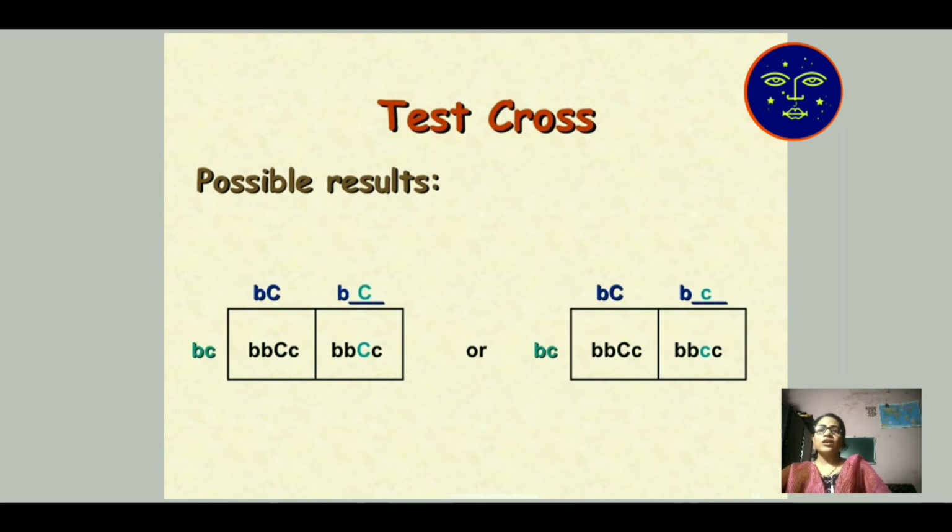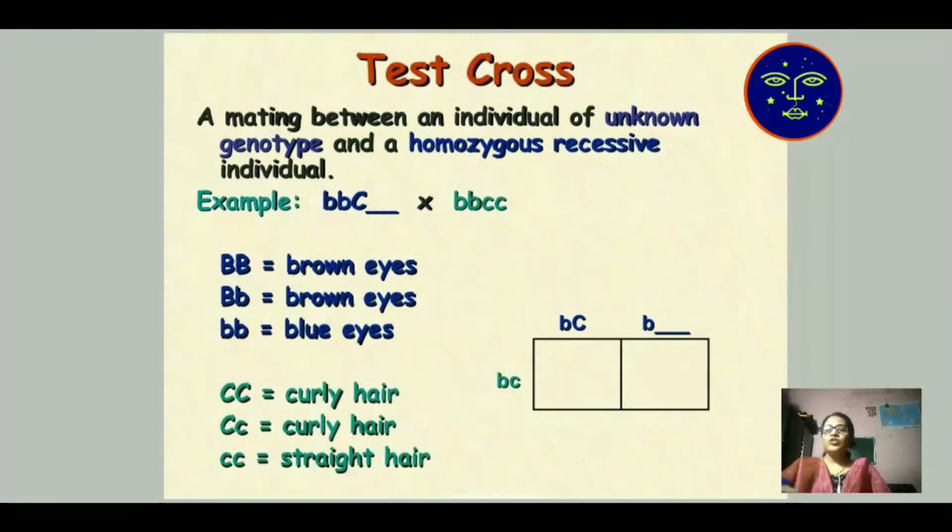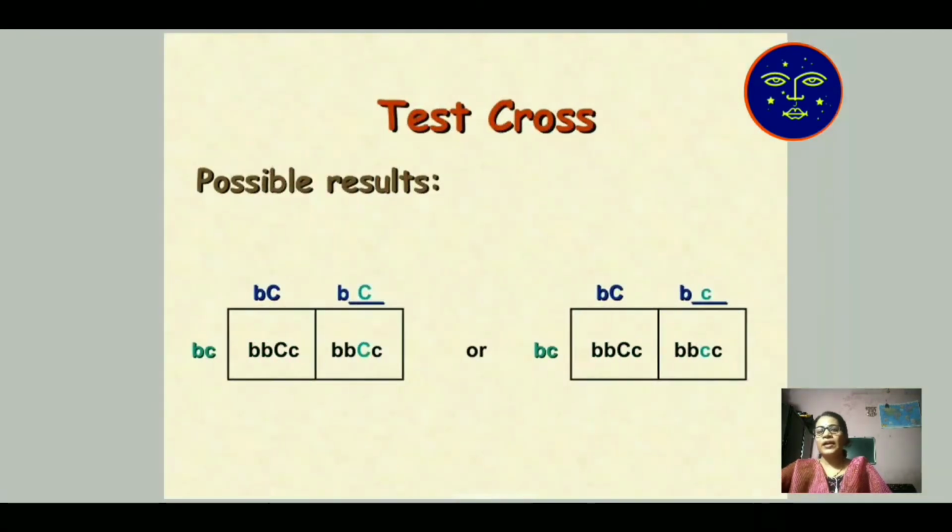In a test cross, the heterozygote parent is crossed with the recessive character, small b small c. The upcoming result is Bb Cc, small b small c, and in another case small b, capital C. Here small b is represented by blue eyes, small c is represented by straight hair, whereas capital C, small c represents curly hair.